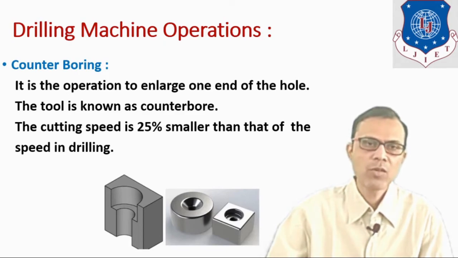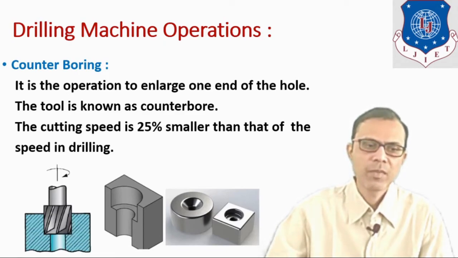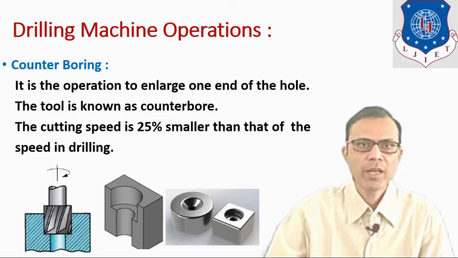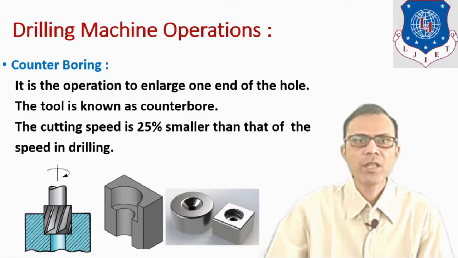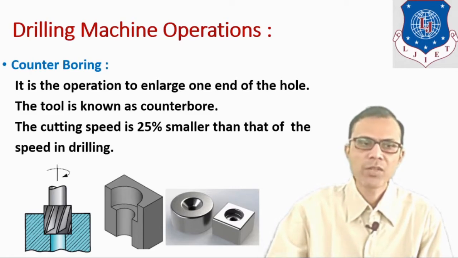For this kind of operation, a counter bore tool is used, held in place of the drill bit, and it is provided rotary motion. The speed is reduced as compared to the drilling operation, almost 25% of that used in drilling.